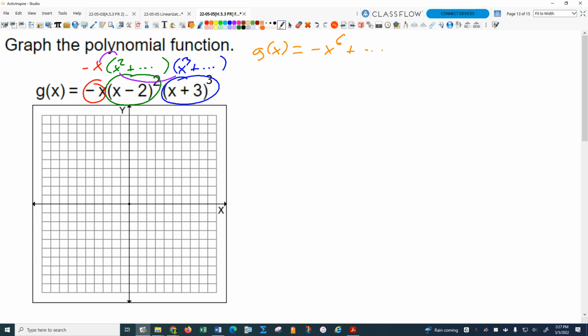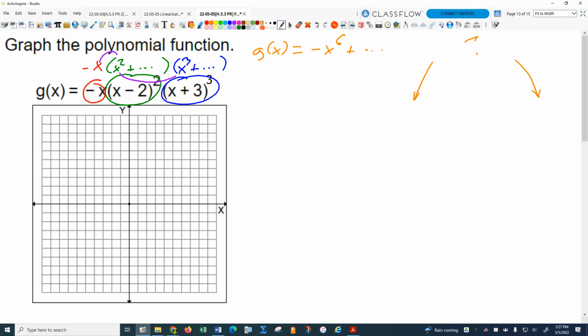Okay. So we know this is giving us that kind of end behavior. We don't know what's going on in the middle, and we don't care as far as the end behavior is concerned. We just want to know what's going on way out to the left and way out to the right. Okay? So where are our x-intercepts? Where's the red x-intercept on this one? Allie, where's the red x-intercept?